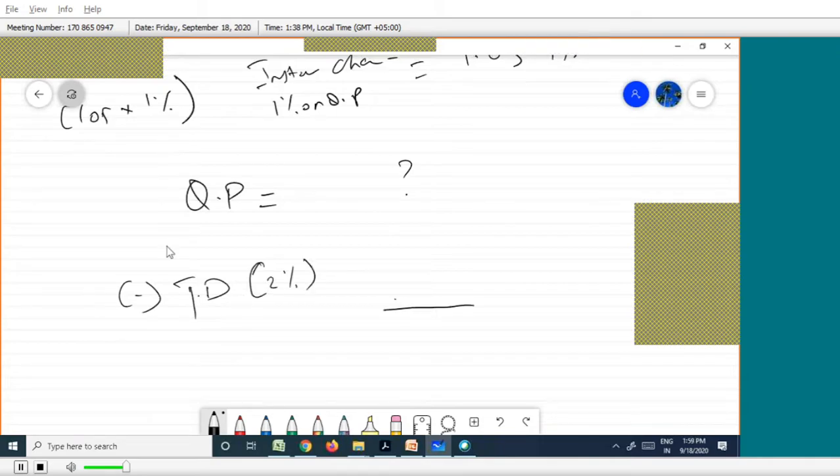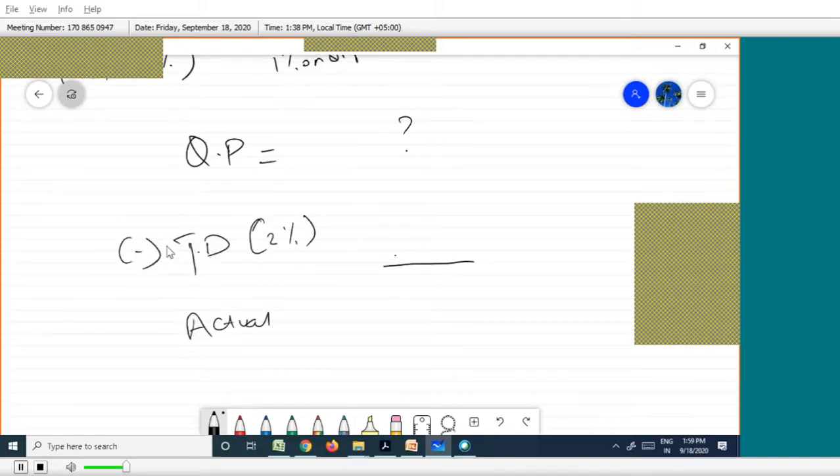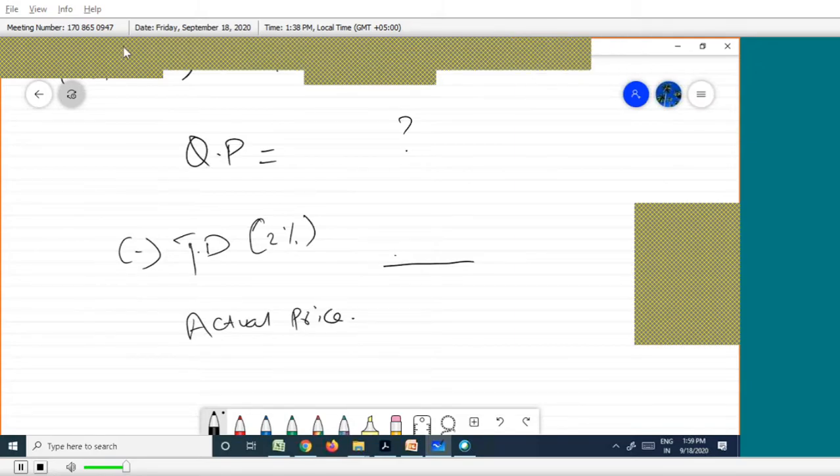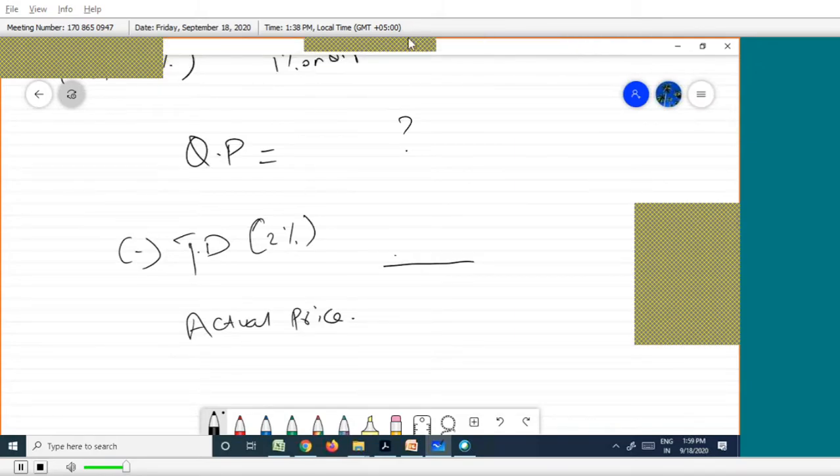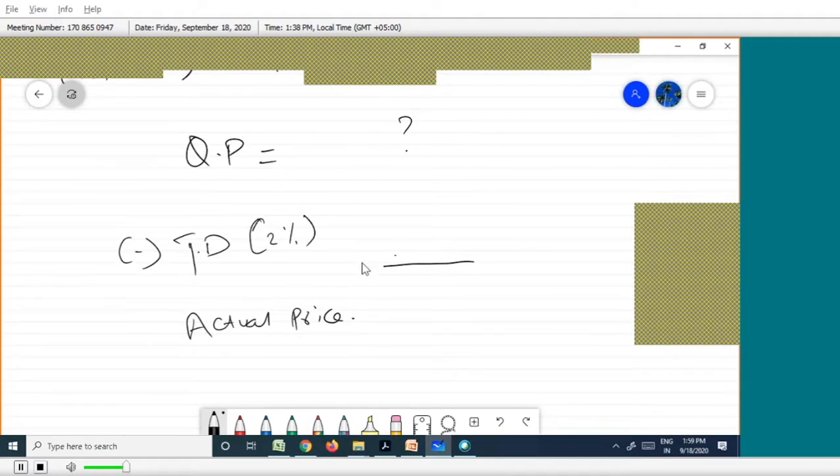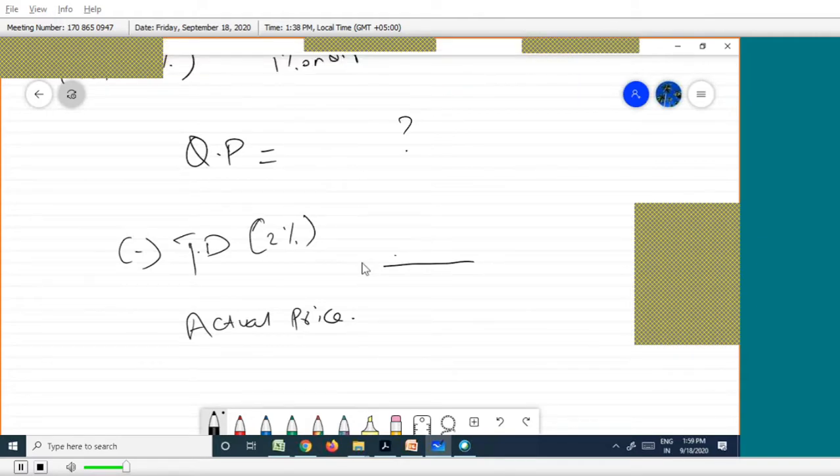Then you will get the actual price. On this actual price, 8% is tax. This we have to identify.